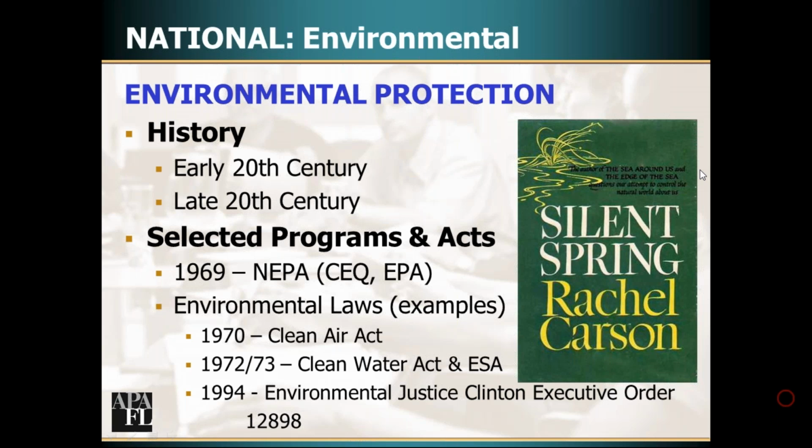In the late 20th century, starting in the 1950s and 1960s, there was more concern about environmental pollution and degradation of the environment. You have to realize in the 1960s, we had rivers on fire. The Cuyahoga River would catch on fire routinely because of the oils and the wood and the paper on it.